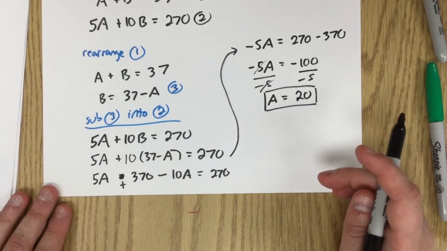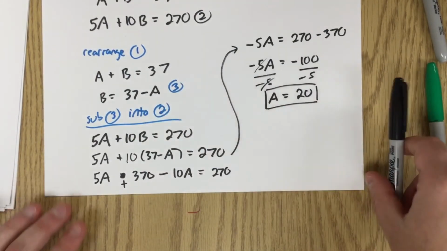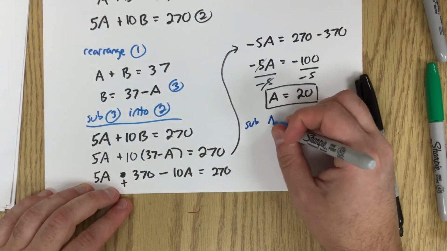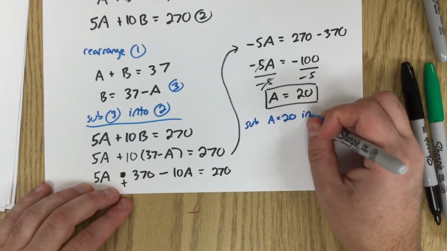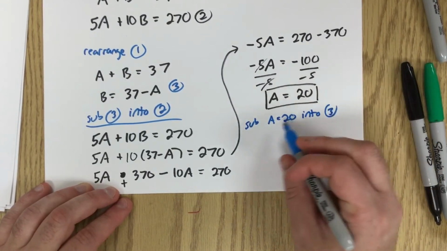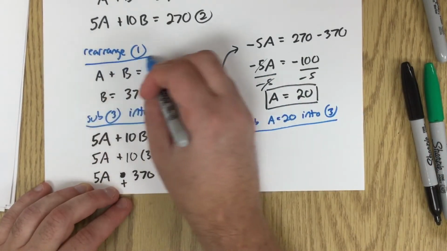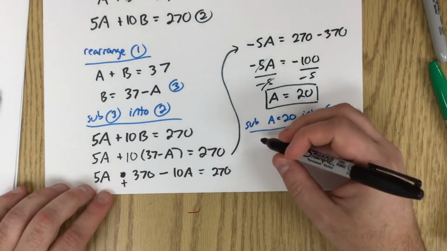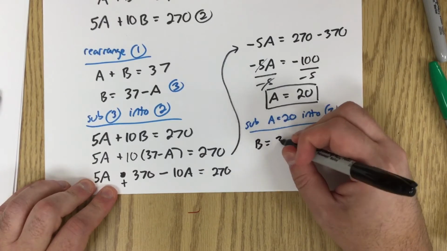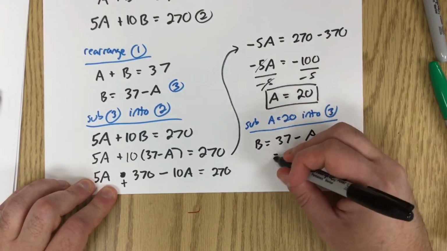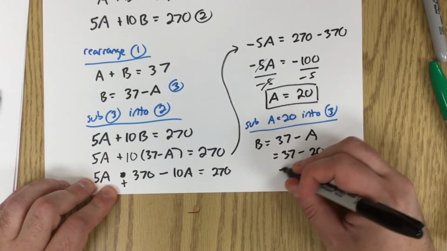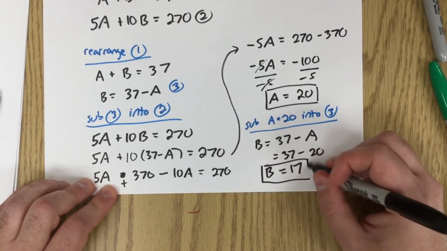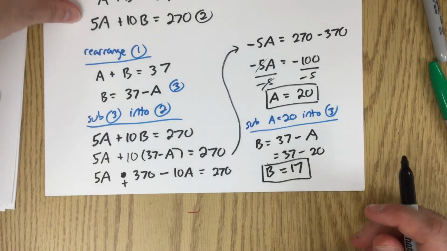Now, what's going to happen next? Of course, we have to sub that in. So we sub a equals 20 into equation 3. And equation 3 is b equals 37 minus a, which is 37 minus 20, which is 17. But it's a word problem, so we're going to have to do something more with this.